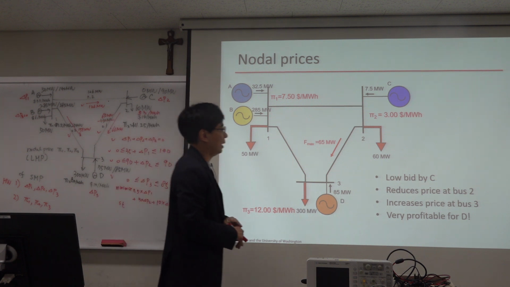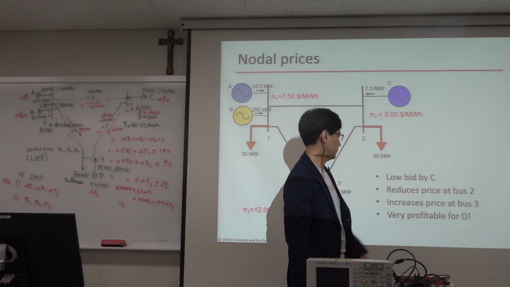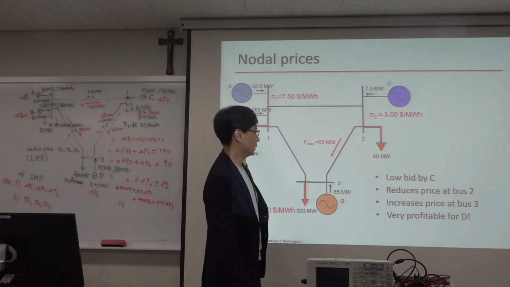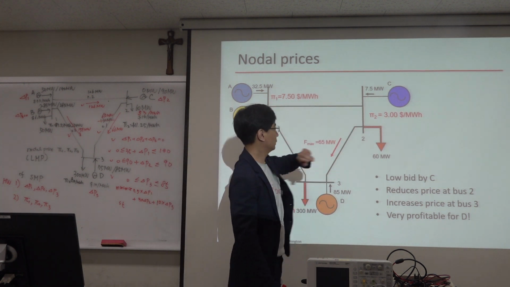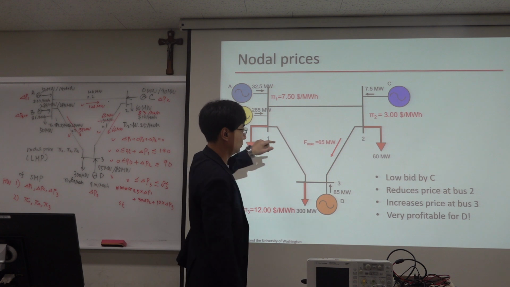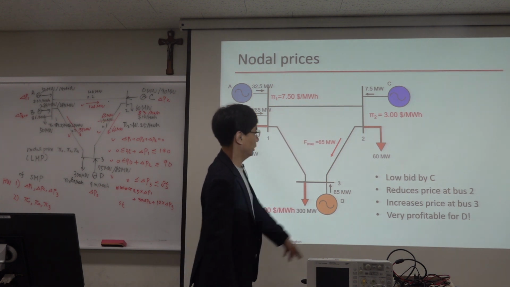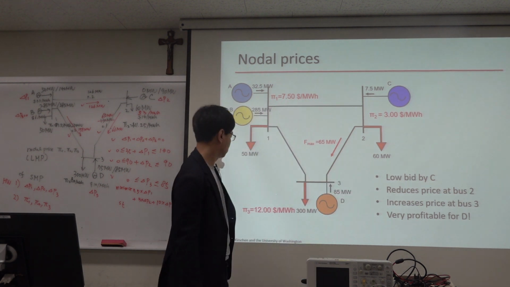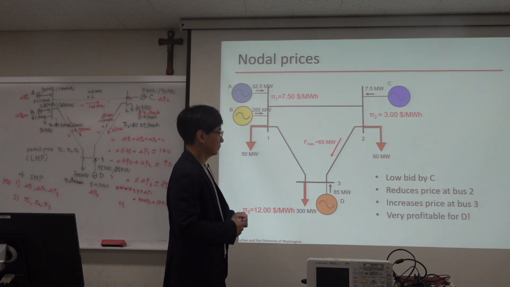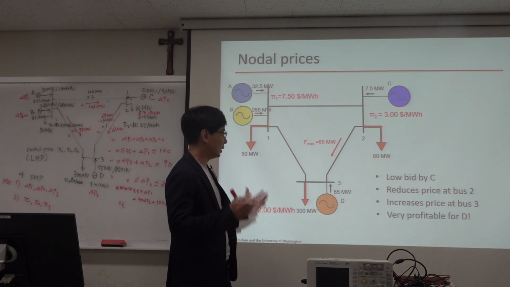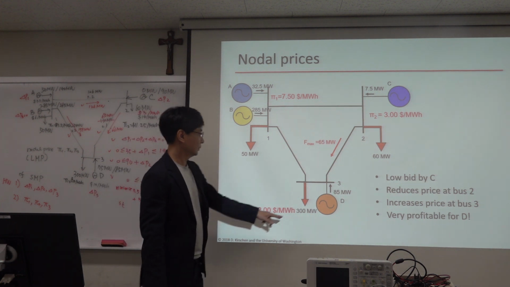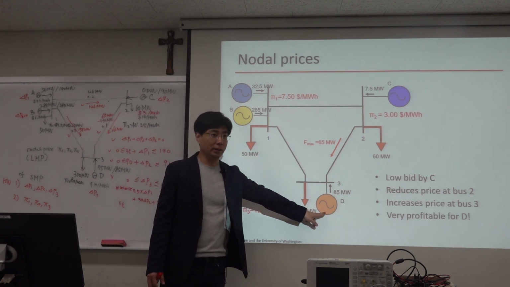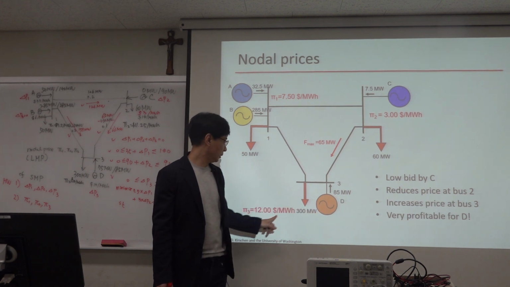So what happened is low bid by C, and congestion happens here, and that reduces the price at bus 2 from 11.25 to 3, and increases the price at bus 3 from 10 to 12. So what? Generator D is happy because LMP is increased.